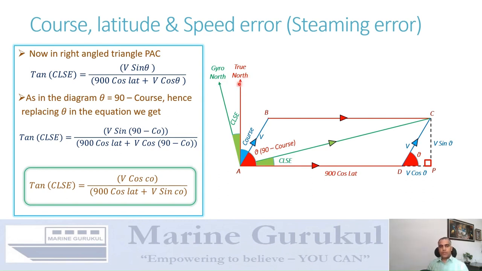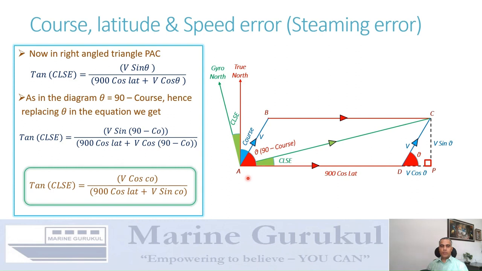Now, if the ship goes in other quadrants, if the ship is steering a course in some other quadrant, let us say for example southeasterly quadrant or southwesterly quadrant or northwesterly quadrant, there is going to be a slight change in the formula. And for each and every quadrant, the formula can be derived using the same principle.